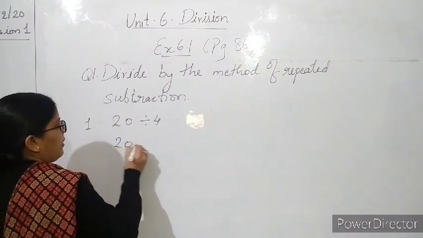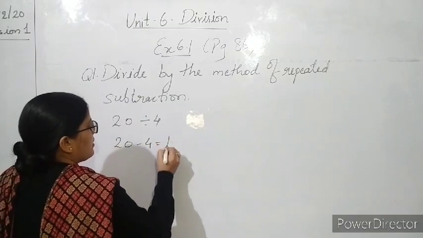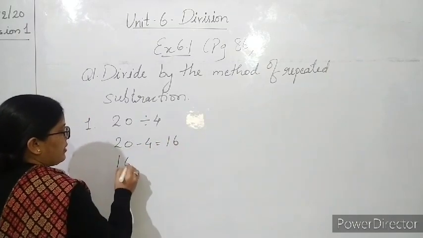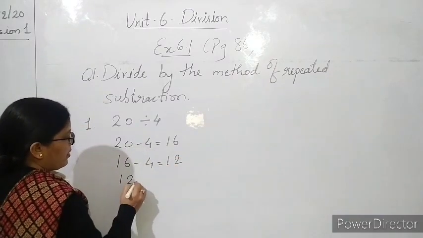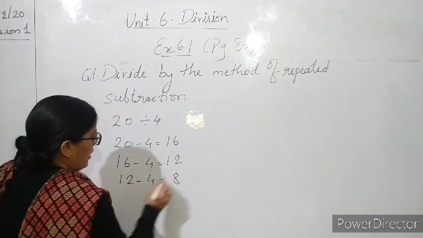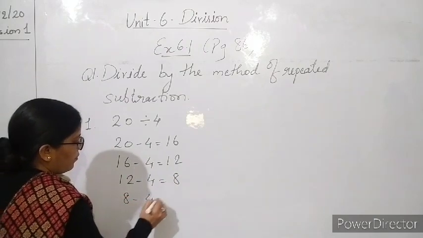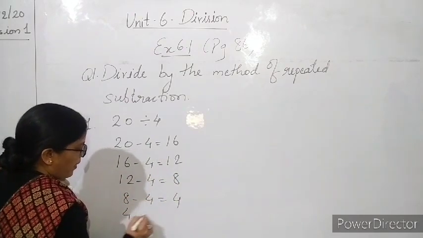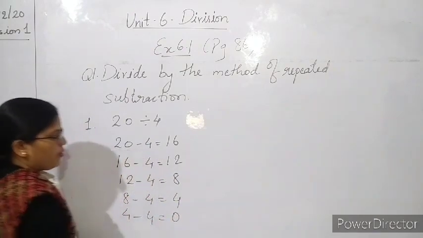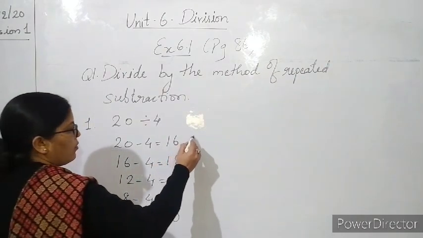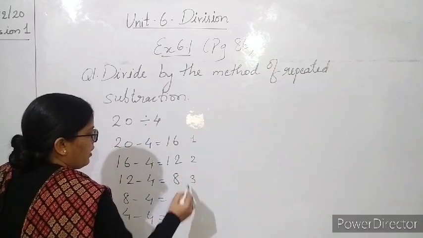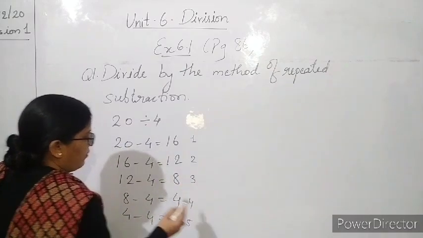So 20 minus 4 is 16. 16 minus 4 is 12. 12 minus 4 is 8. 8 minus 4 is 4. And 4 minus 4 is 0. So how many times have we subtracted? 1, 2, 3, 4 and 5.